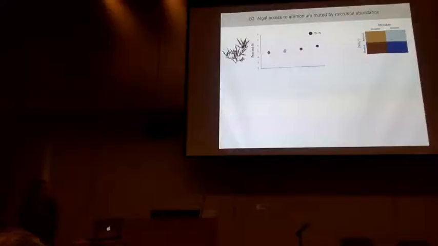So I used stable isotope analysis to measure nitrogen use by the macroalga in these mesocosms, which is Prionitis. At the end of the experimental period, I found no difference in algal percent N by any of these treatments. But when I looked at the isotopic ratio in those same plants, when I took the alga out at the end of the experiment, dried it, and ground it up, I see a decrease in delta 15N.